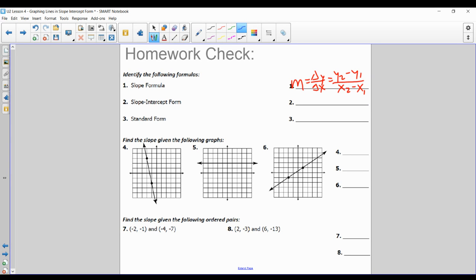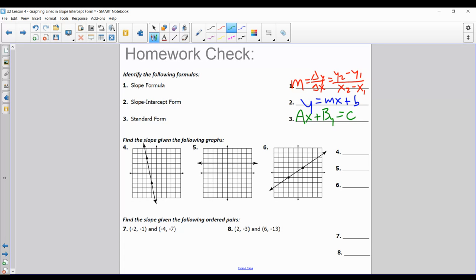Slope-intercept form, which we're going to be working with a lot today, y equals mx plus b. And then the standard form, we haven't worked with that as much, ax plus by equals c.